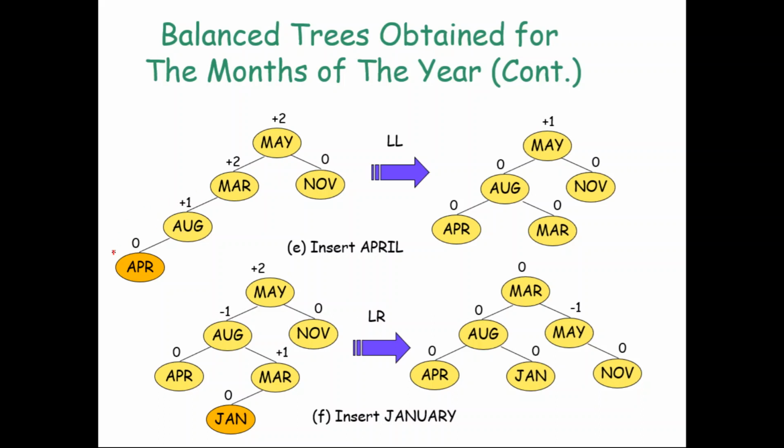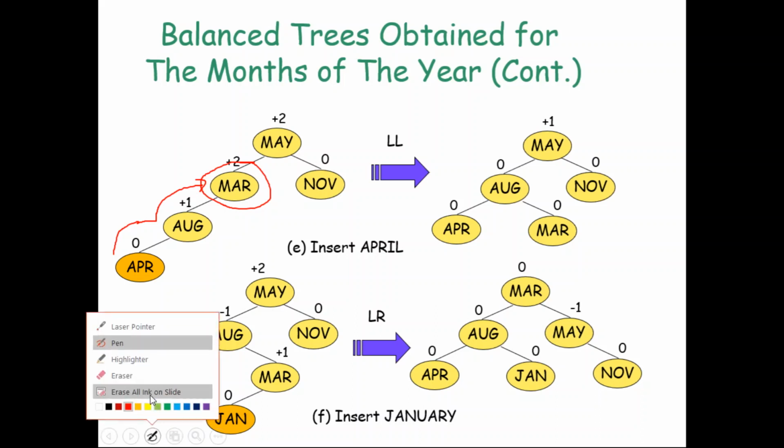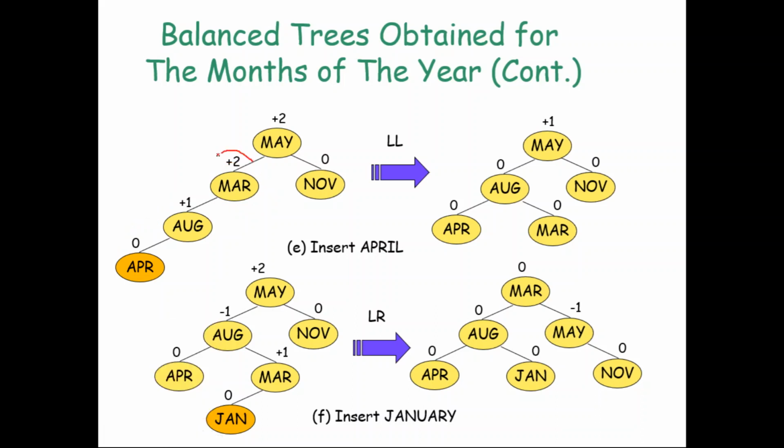The newly added node is April, and March is closer to April compared to May. So first we will deal with this node March only, so we will start only with March.